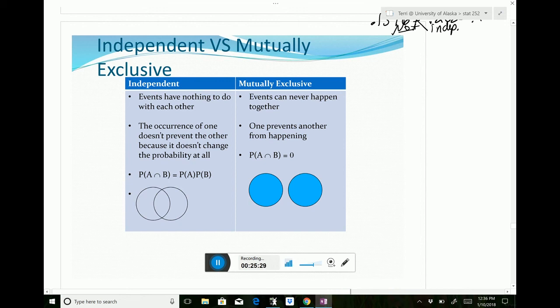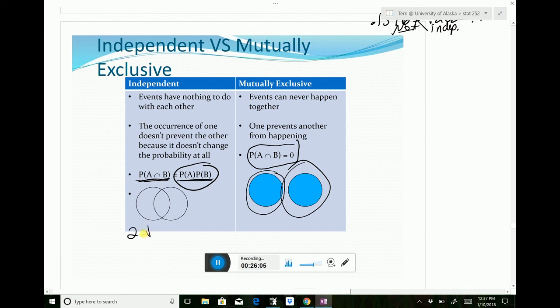The intersection is the two probabilities multiplied together, so they can happen at the same time. In mutually exclusive events, the events can never happen together. One of them prevents the other. The intersection is 0. One makes the other one not happen.